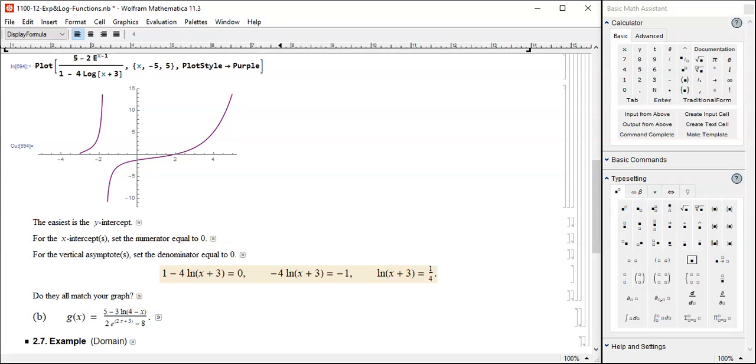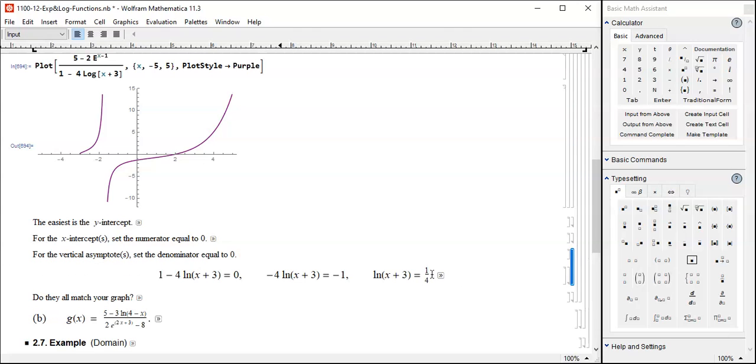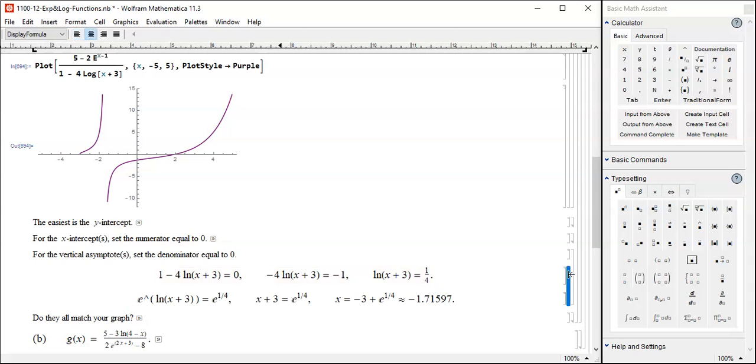Did everything go all good? And then what do you do? I have to remove this logarithm. How do you do that? Here you go, that's what we did. We can remove it by taking the inverse function. Exponential and log will cancel each other out, so you're going to get just x plus 3.